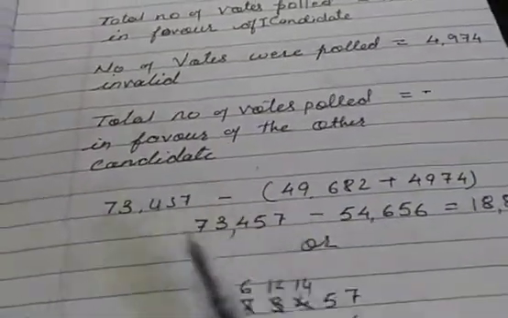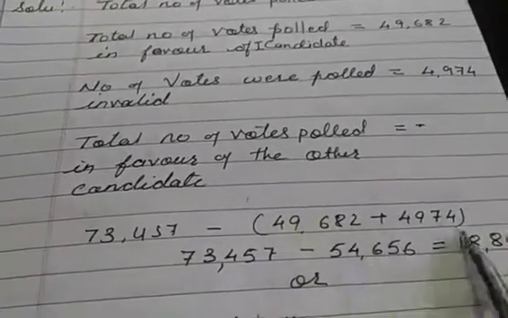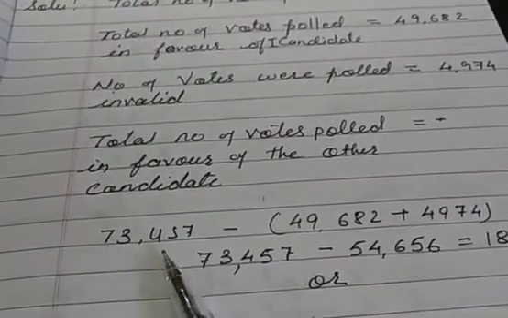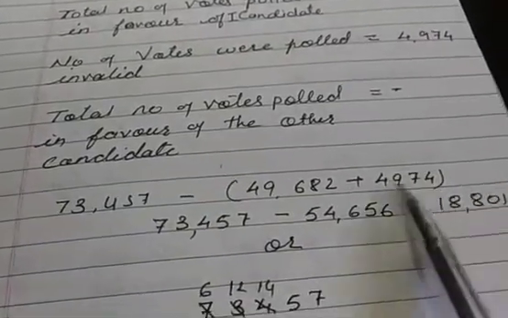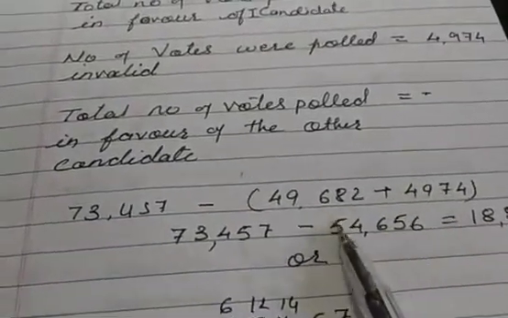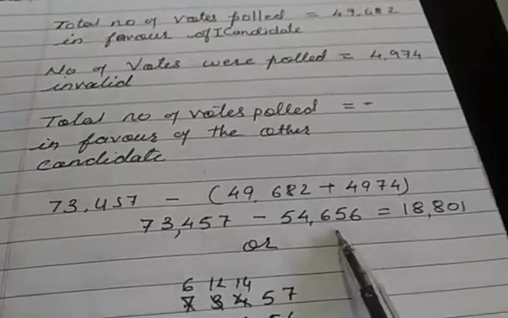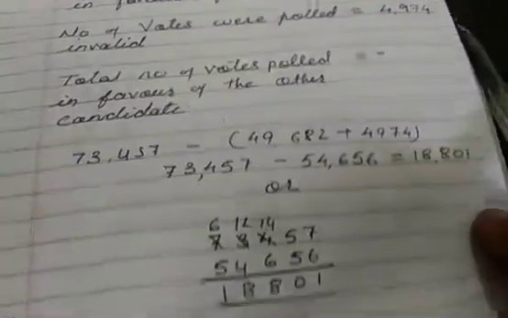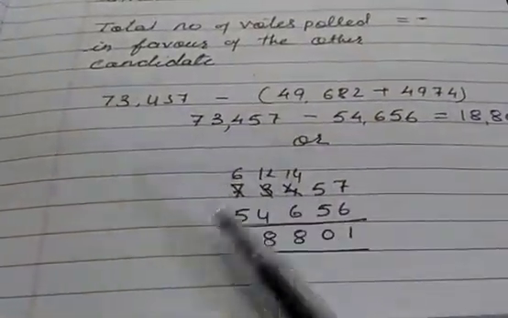So see here, we have to subtract both numbers from this greater number. So 73,457 minus these two we have to add. When we add these two numbers, we will get 54,656. Okay, when we subtract, we are getting this. If you have any problem, you subtract in this way.